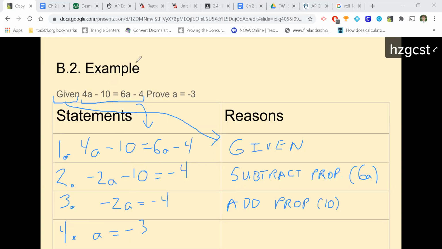That's not right. -4 plus 10 is +6. Jeez. 10 minus 4 is 6. Or -4 plus 10 is 6. All right, last line. If we divide by -2, we'll have a by itself.